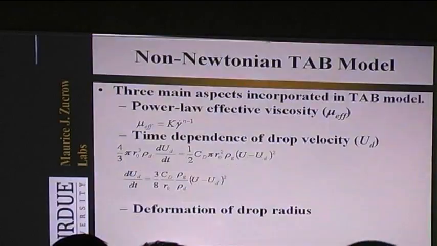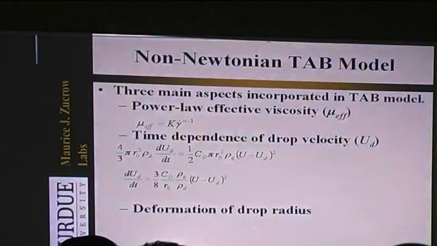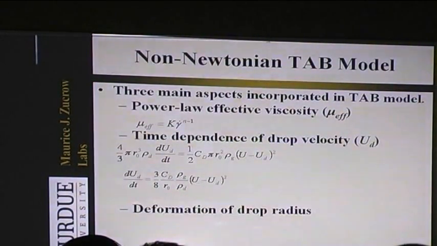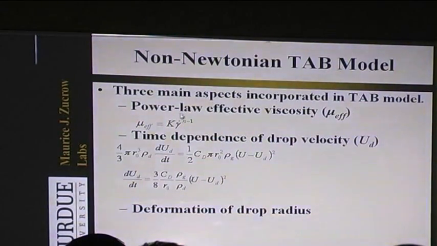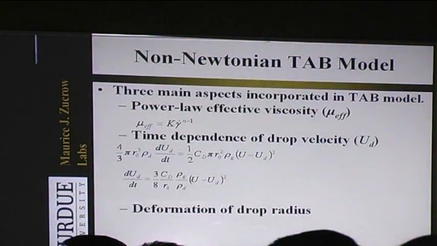One was to replace the original Newtonian shear viscosity by a power law effective viscosity. The second was to allow the time dependence of the drop velocity, which means the distortion is going to be occurring at a different rate than predicted by a case where the drop velocity does not change.